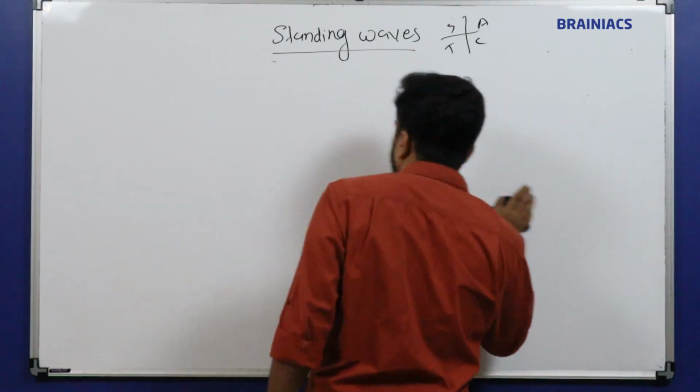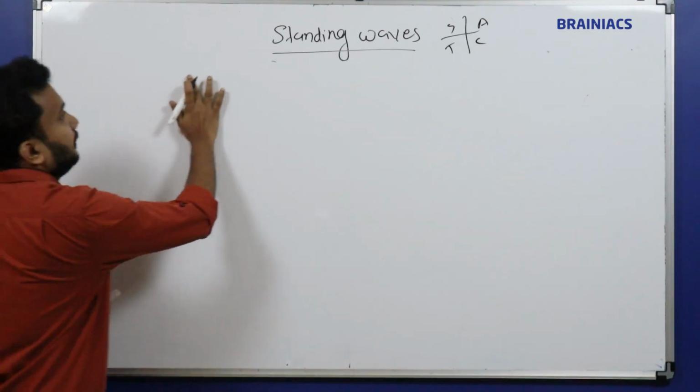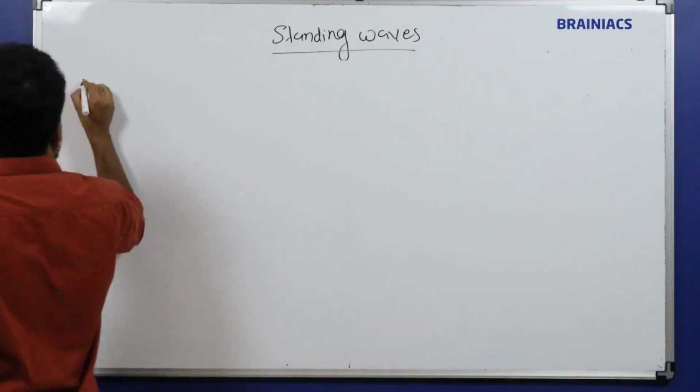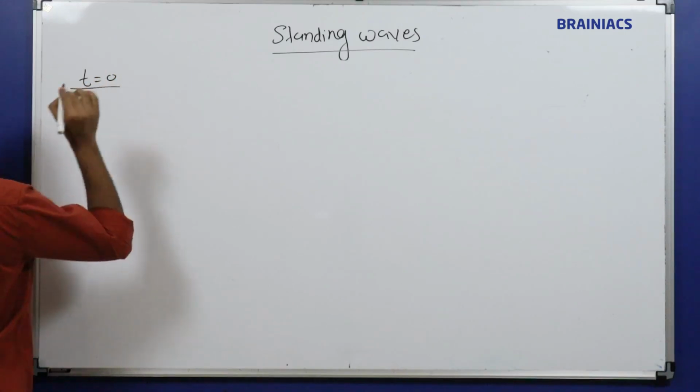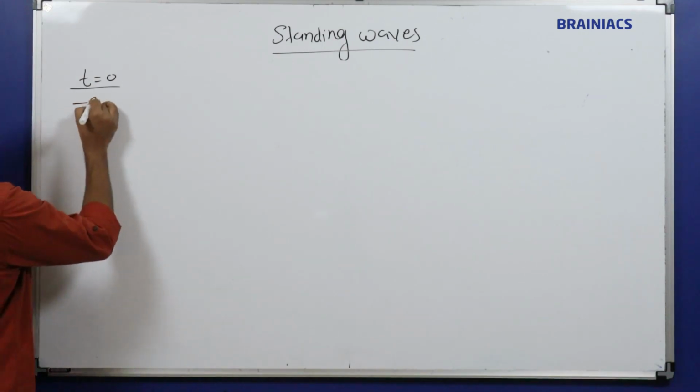The same case we can apply for a fixed end reflection, free end reflection also. But we'll see. Now we have different values at t equal to 0. What is your input? At t equal to 0, what will you get? Minus 2a sin kx.